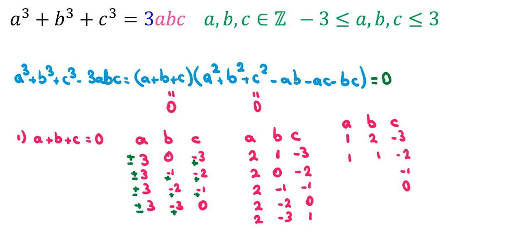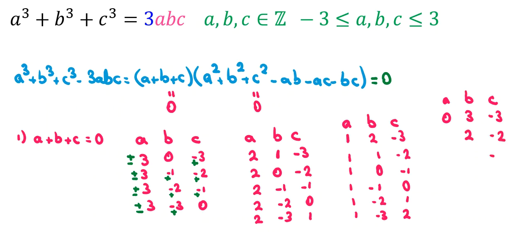Then you subtract, 1, -1, 1, 1, -2, and then 1, 1, -3, it is 2. And the last case, A, B, C: consider A is 0, so it will be -3, 3, -2, 2, -1, 1, and 0, 0.